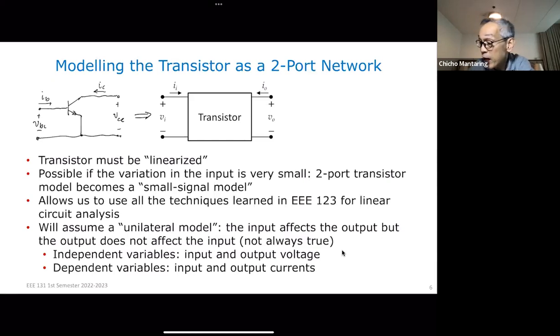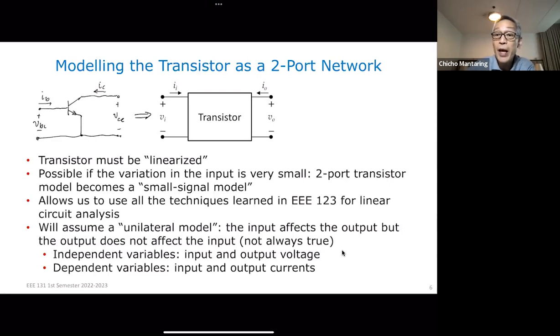Now, because this is now linear, you can use all of the techniques that you learned in EEE 123 for linear circuit analysis. Lahat ng pinag-aralan nyo sa 123, pwede nyo gamitin. If you insisted on using the nonlinear model of the transistor, which is the exponential model, imagine a circuit with many, many transistors, and each transistor you use the exponential model.